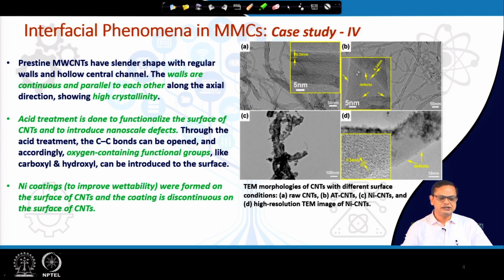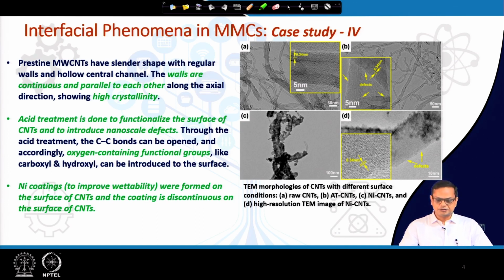The moment it has been acid treated, you can see that there is an increase in defect density on the surface, and then the nickel coating was carried out basically to improve the wettability, and you can see that the surface now becomes quite rough. The nano-roughness of the surface has increased because of the nickel nanoparticle deposition, and again you can see that the nickel nanoparticles have not been completely uniformly deposited, but ultimately these nickel nanoparticles of the coating would improve the metallic bonding with copper once it gets sintered, or once the composite material is being synthesized.